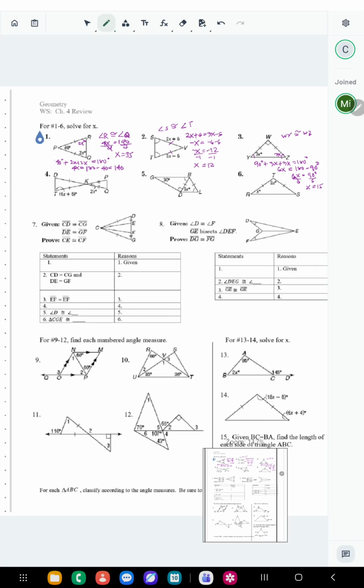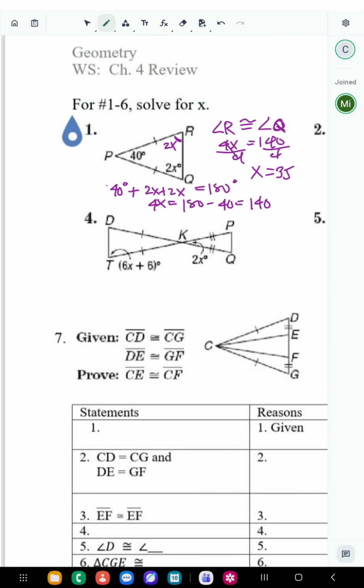Okay. Then number 4. It's indicated there, this one is 2x. So that means this is also 2x, because they are vertical angles. If it is indicated that the two sides are congruent, from the isosceles triangle, or the base angle theorem, or the converse of the base angle theorem: if two angles are congruent, then the corresponding sides are congruent, or if the two sides are congruent, then the base angles are congruent.